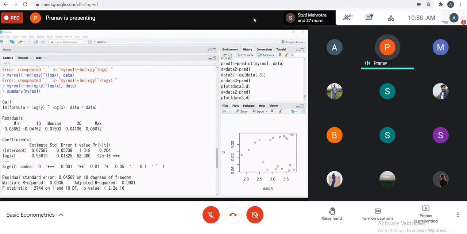Now, one common exercise that we generally do when we encounter the problem of heteroskedasticity is that we take the logarithm of the variables, then we run a regression on the log of the variables, then again we calculate the residuals, and then we plot the residuals against the explanatory variable.